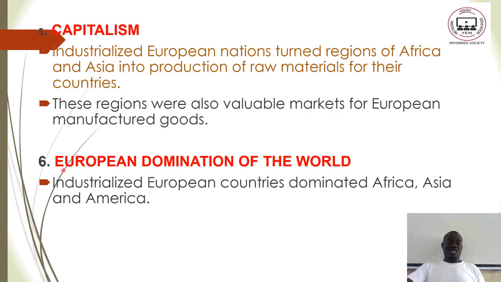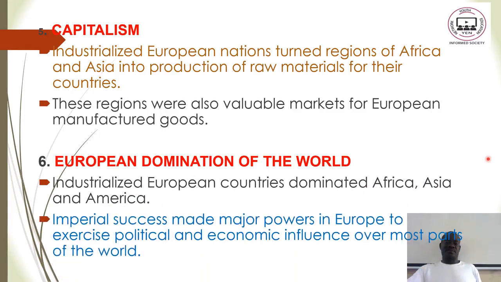That was another big event between 1870 and 1914, whereby European countries dominated the world. By the world, we mean that they dominated the continent of Africa, Asia, and America as well.